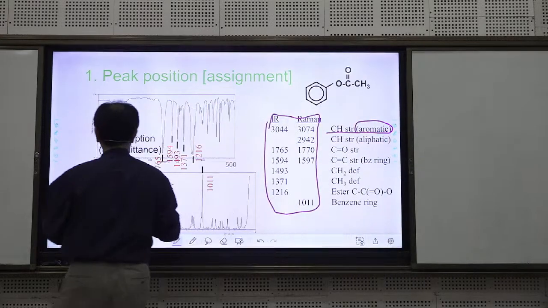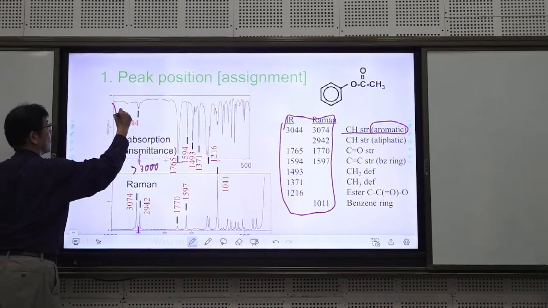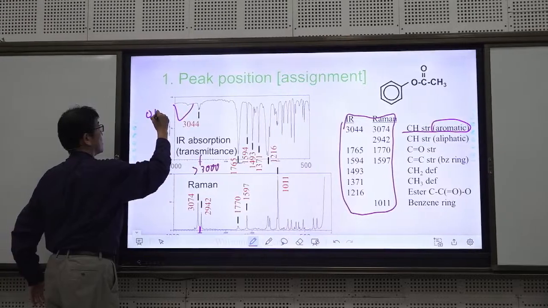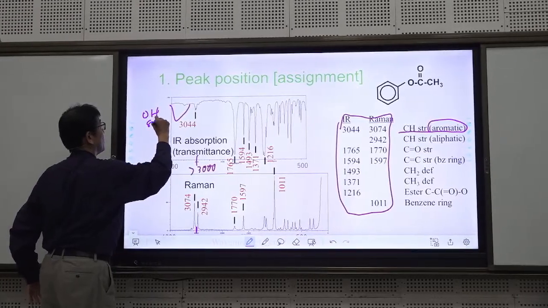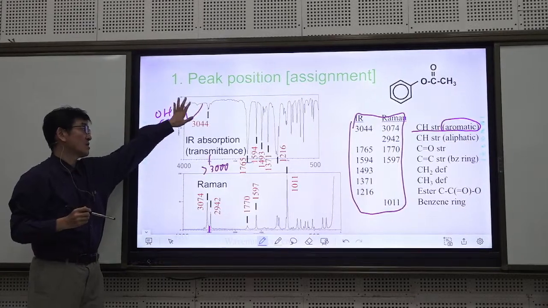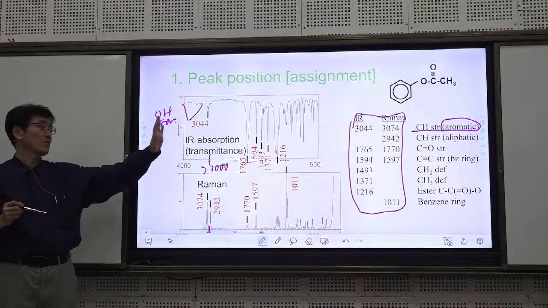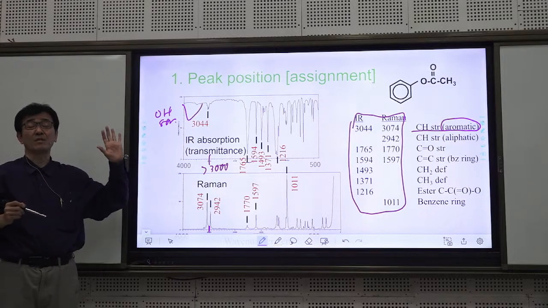Apart from this example, there may be a possibility that a large peak appears. This is OH stretching. But because the OH stretching broad peak does not appear in these spectra, we can conclude the molecule must not have an OH group.